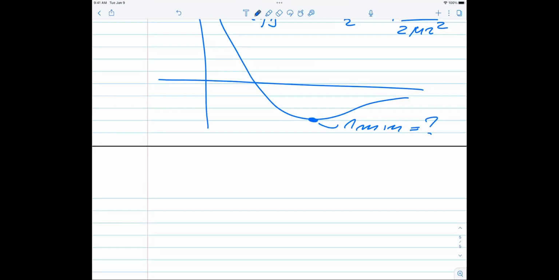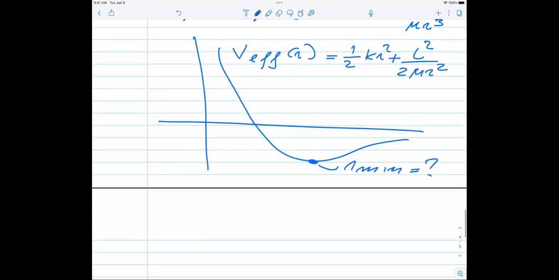So what kind of thing should I do to find the R min here? What kind of mathematical operation should I do on this effective potential to find R min? It's the same thing which you did in the midterm and earlier exercises. So how do I find R min here? Take the derivative, right? Okay, so let's take the derivative and let's take 5 minutes on that and see if we can find R min.